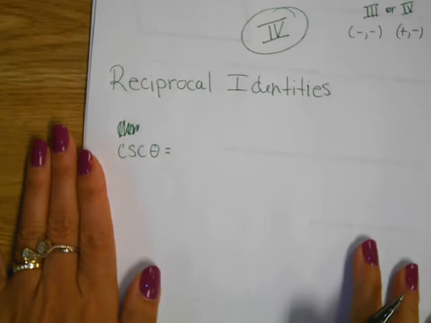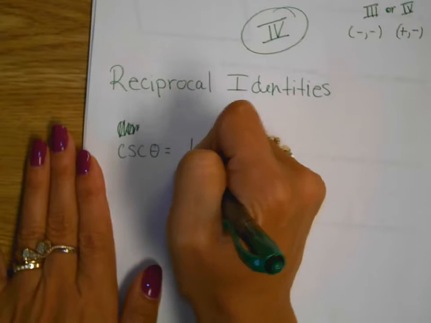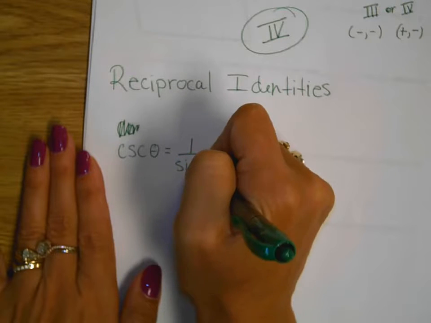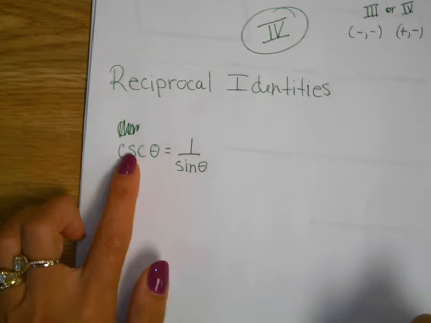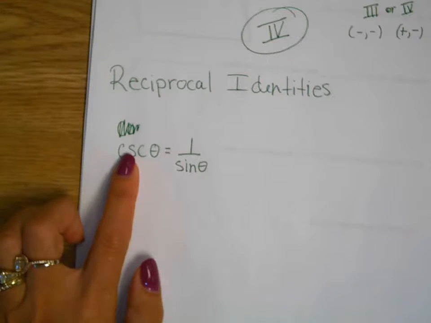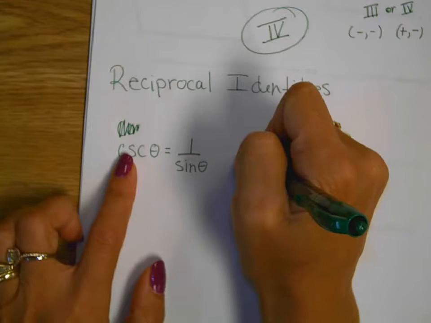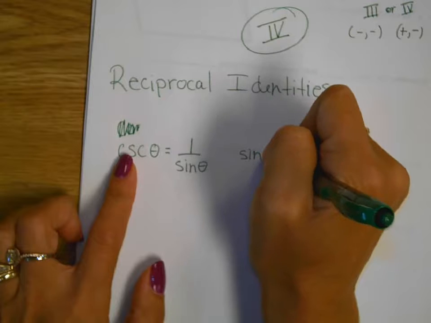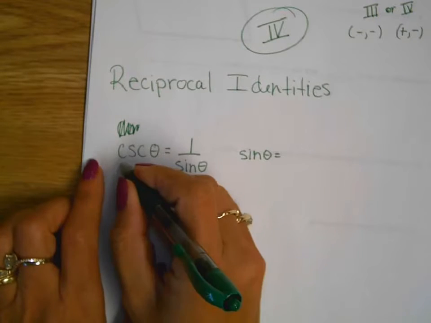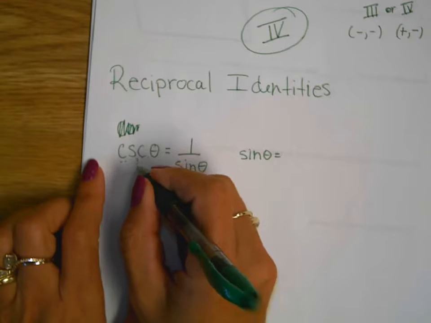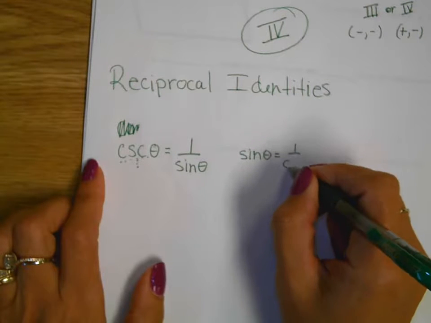How do I show sine flipped over? 1 over sine. Well, what if I knew the cosecant ratio? How do I get the sine ratio back? Flip that over. So sine is equal to cosecant flipped over. So think about a 1 underneath it. 1 over cosecant.